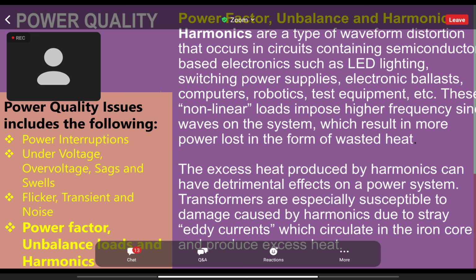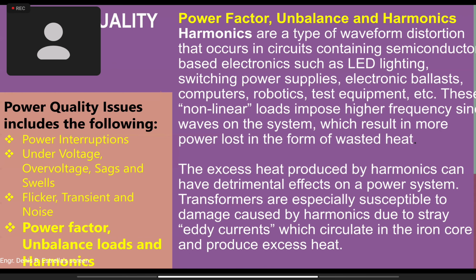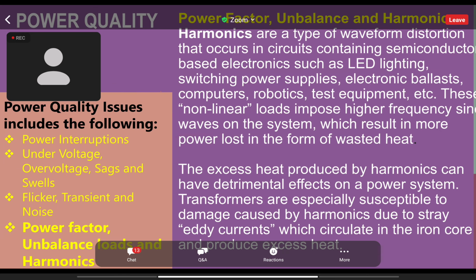We have a separate presentation on harmonics in the previous presentation. It is a bit more advanced if we go deeper into the concept. But we know that if our transformers are not carried, their performance will be largely affected.